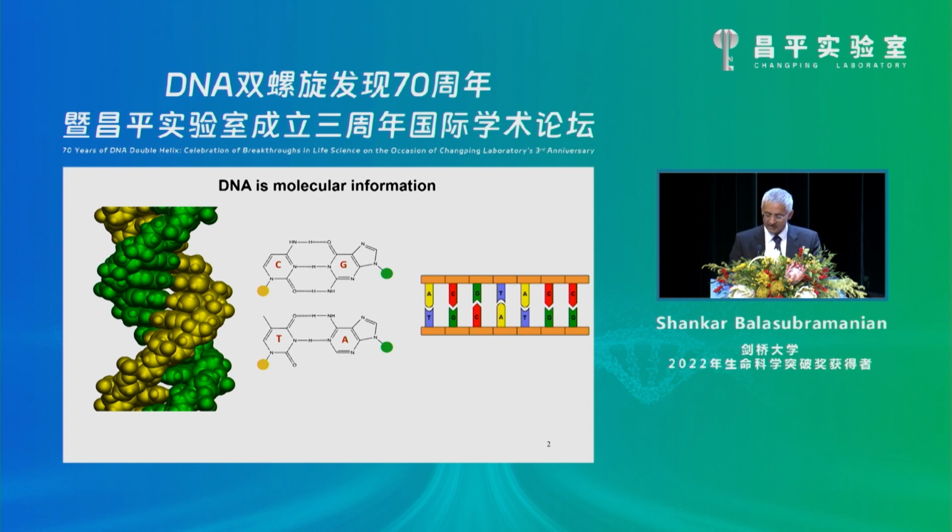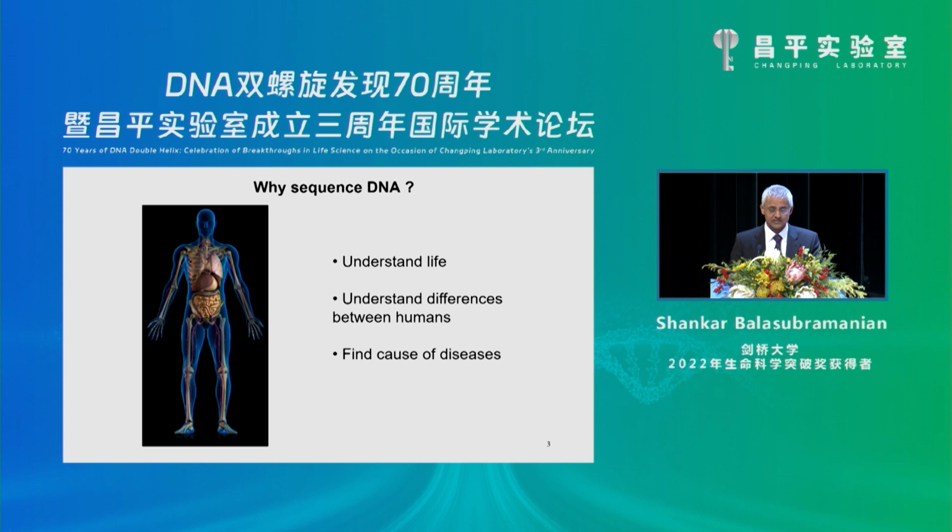And I entered this field somewhat by accident, but one of the tenets for sequencing and for the Human Genome Project was the fundamental nature of DNA and its sequence towards understanding all living systems, and in particular understanding the genetic basis for what makes us who we are and the underlying causes of disease states.